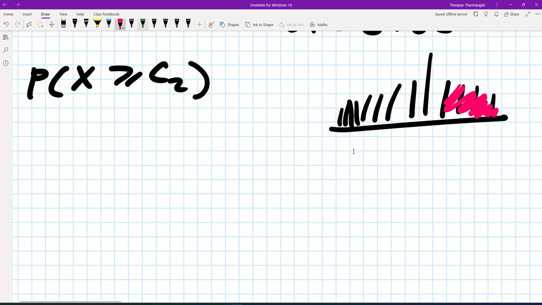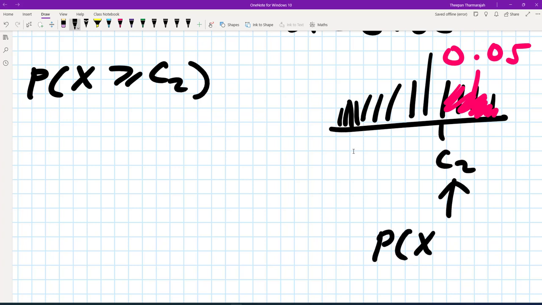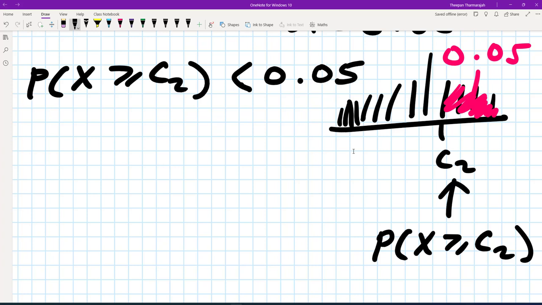So that's going to be 0.05, and this is where the critical value C2 is. We could describe that as an inequality as the probability that X is greater than or equal to C2. We want this to be strictly less than 0.05 in order to reject the null hypothesis.